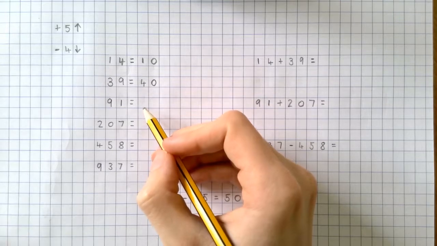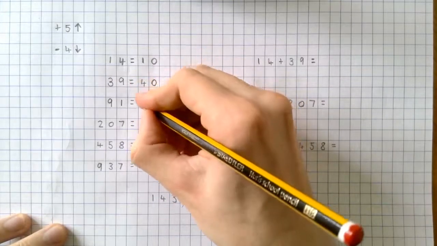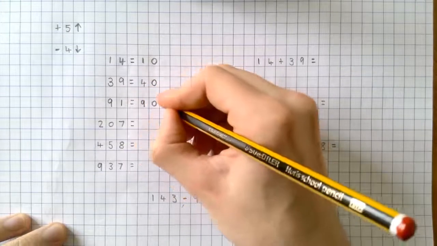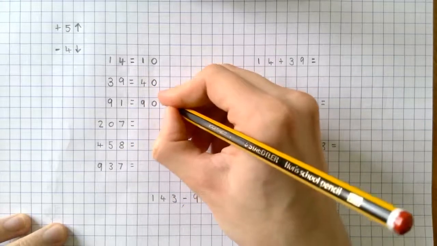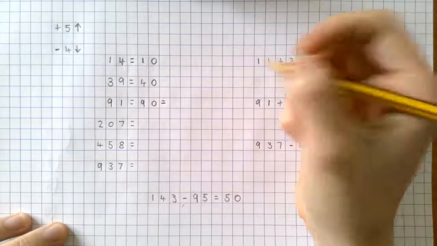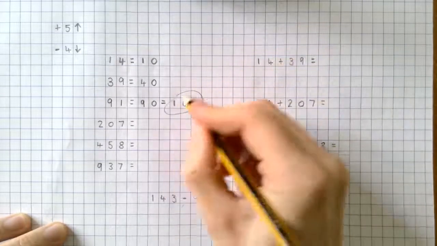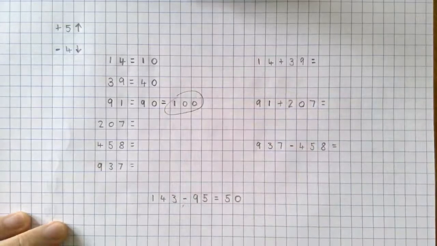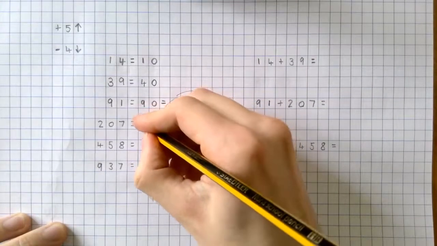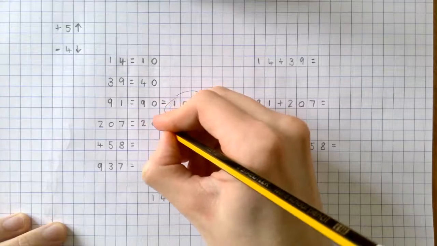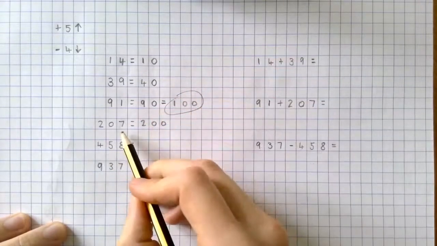So the nearest 10 to 91 is 90. However, it might be argued that for the question, we could also say it's close to 100, and that number might be more appropriate to help us with an estimation. 200 is a rounder and nearer number and a nicer number to work with than 207.